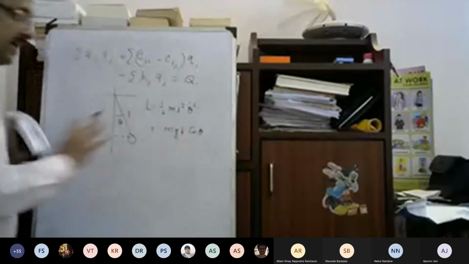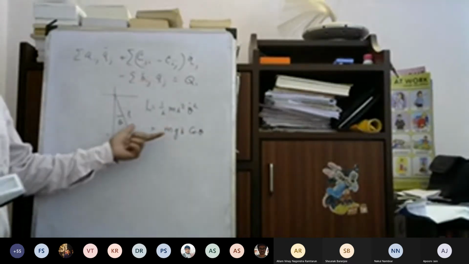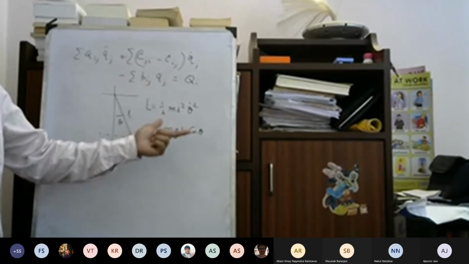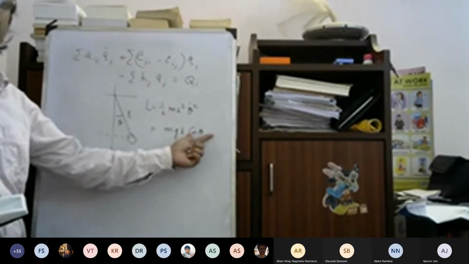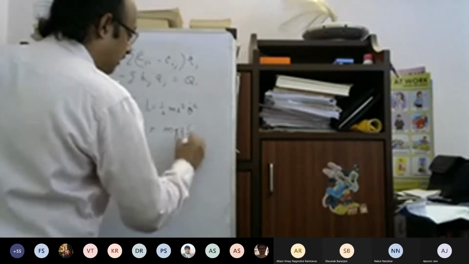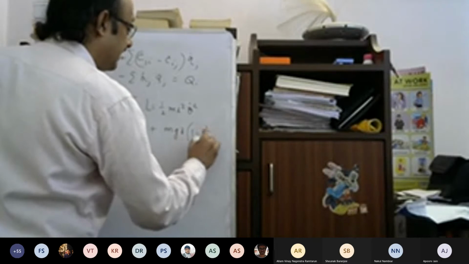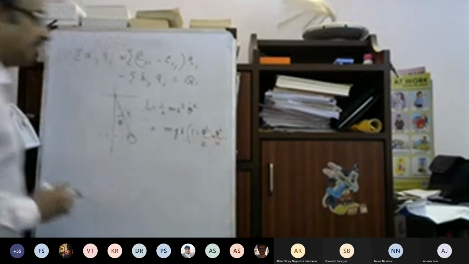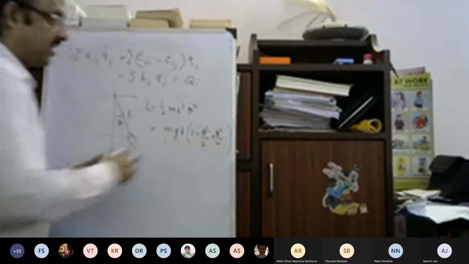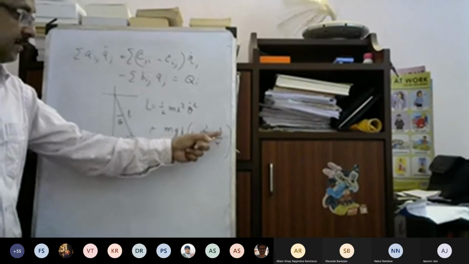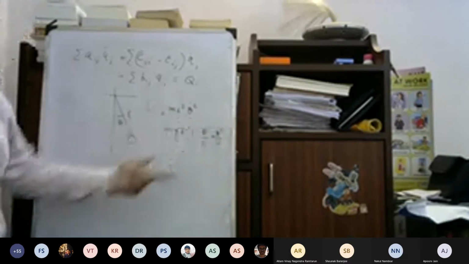Now I know that this Lagrangian will definitely lead to a nonlinear equation, because cosine theta is actually not in the quadratic form. If I write cosine theta as 1 minus theta square by 2 plus theta to the power 4 by 4 factorial and so on, because of the presence of theta to the power 4 and higher order terms, this becomes nonlinear.